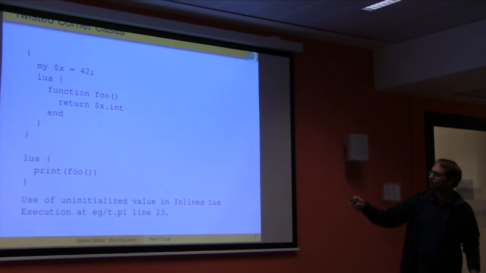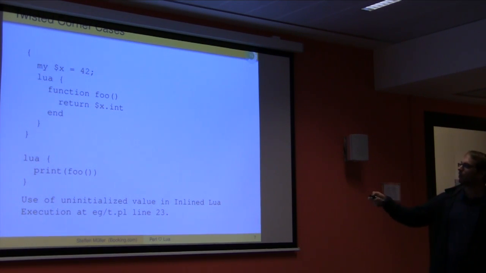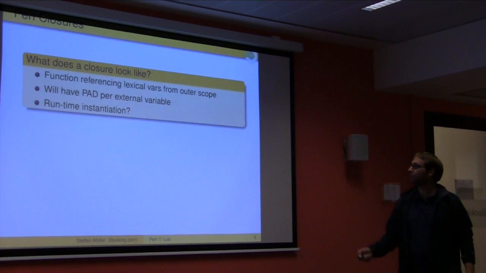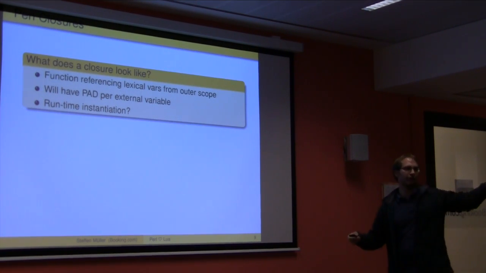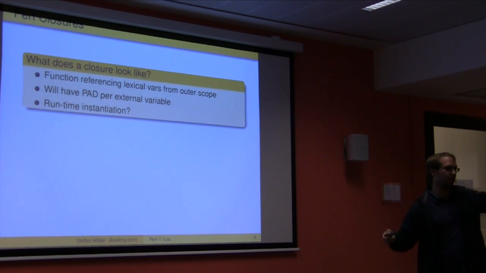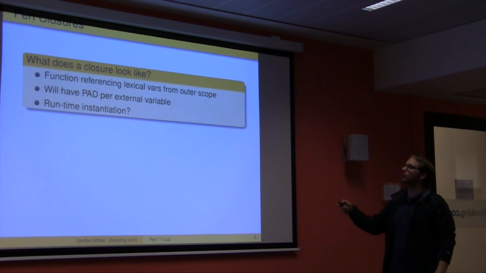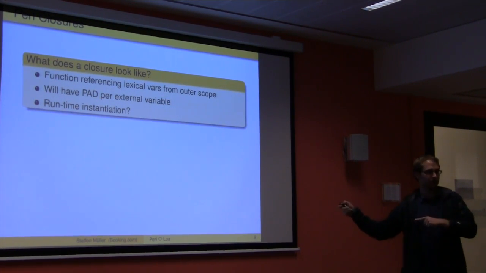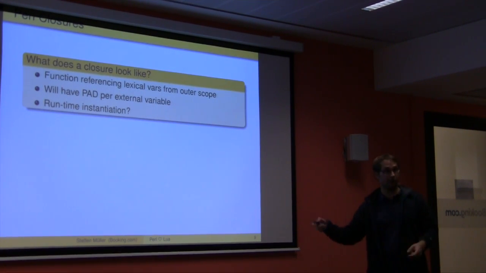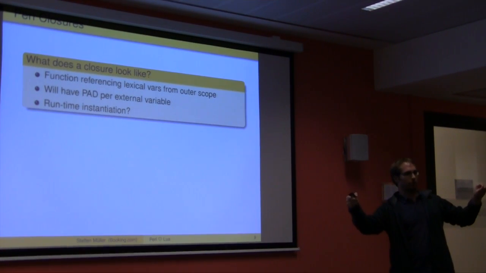If we look back at this code, when we want to close over our lexical, what's going to happen is basically a closure is a function that references a lexical, a bit of lexical state that is outside the actual function, right? And we'll have one such pad entry per external variable, also for our internal function.